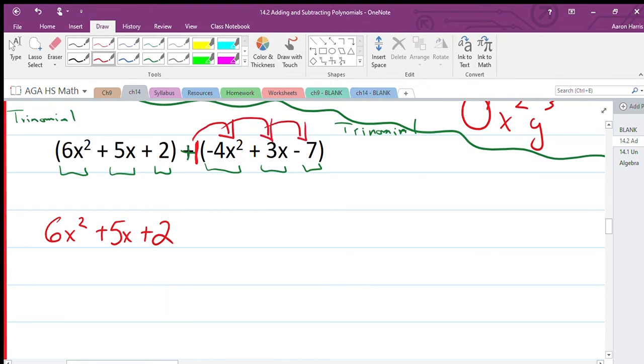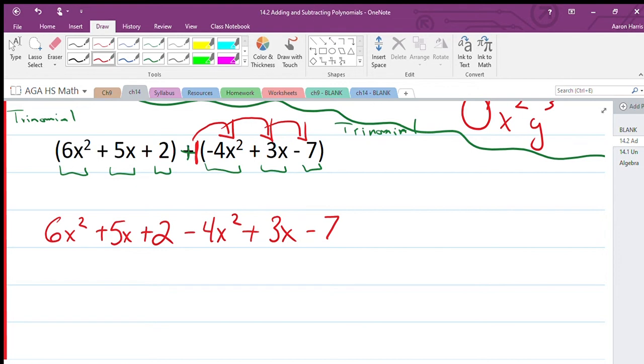Positive 1. So here we go. 1 times a negative 4. A positive times a negative is a negative 4x squared. Positive times a positive is a positive, so 1 times 3x is just 3x. 1 times negative 7, a positive and a negative is a negative, so I get that. So all I did when I distribute the 1 is rewrite it and drop the parentheses, essentially, okay?